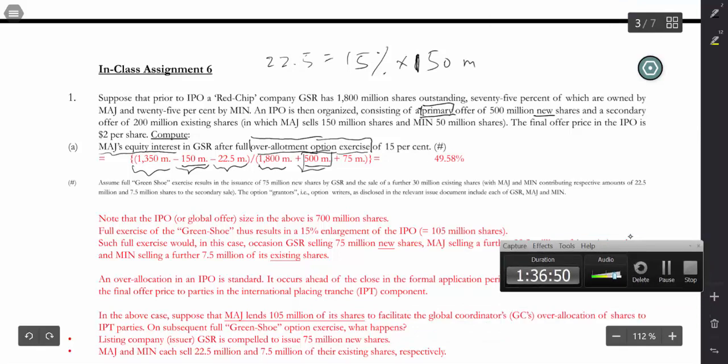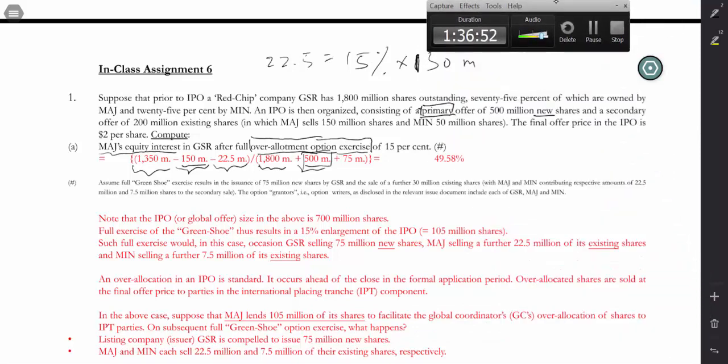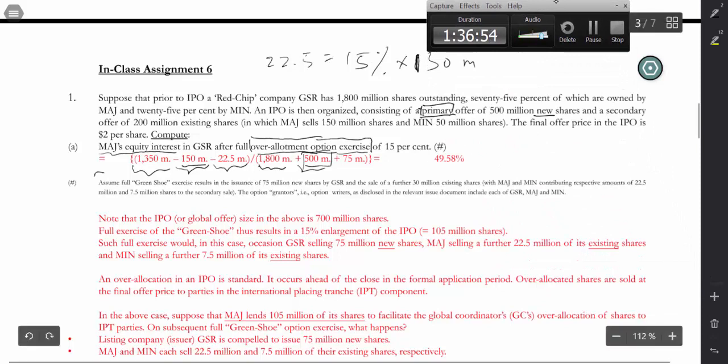To do this question properly, you do have to read the small print here.